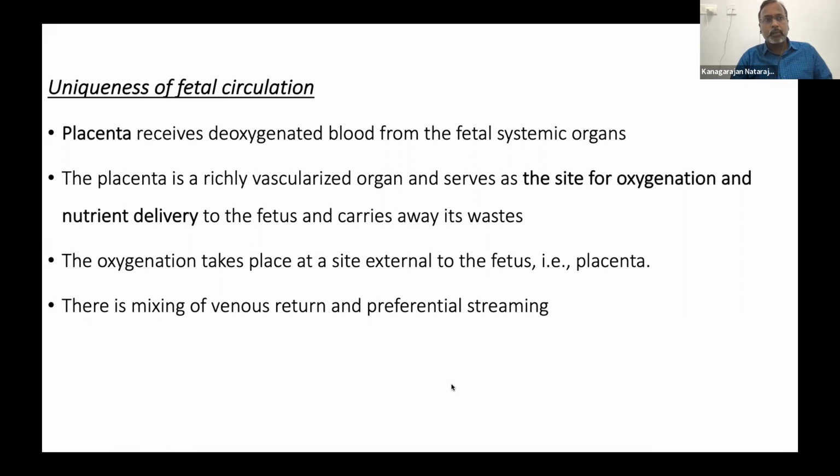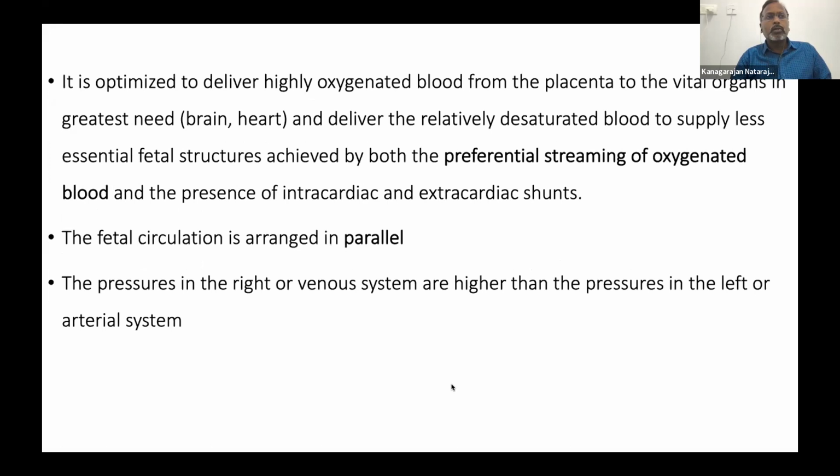That is the placenta. And there is always mixing of venous return. The most important thing is the preferential streaming. That is somewhat difficult to understand, but when you see it, you will understand. The fetal circulatory system is optimized to deliver highly oxygenated blood to the upper body.